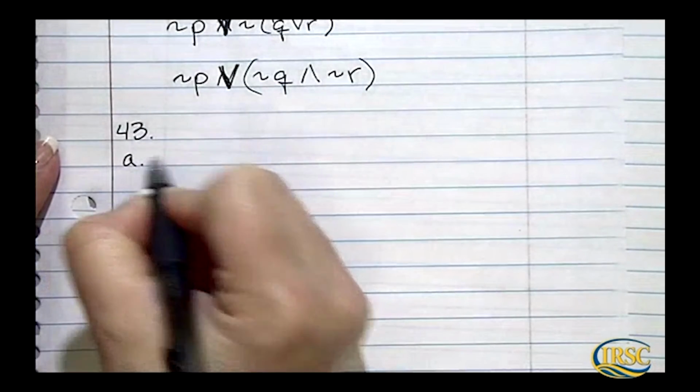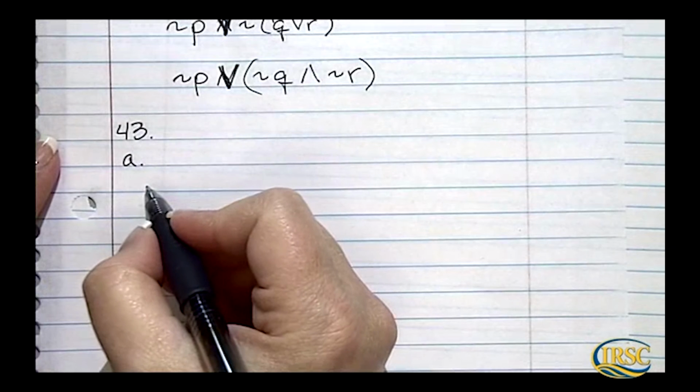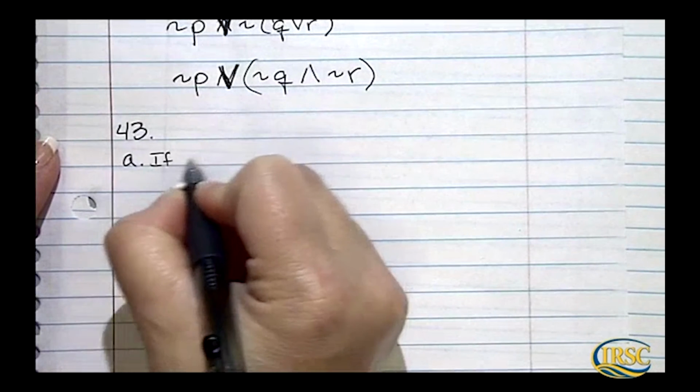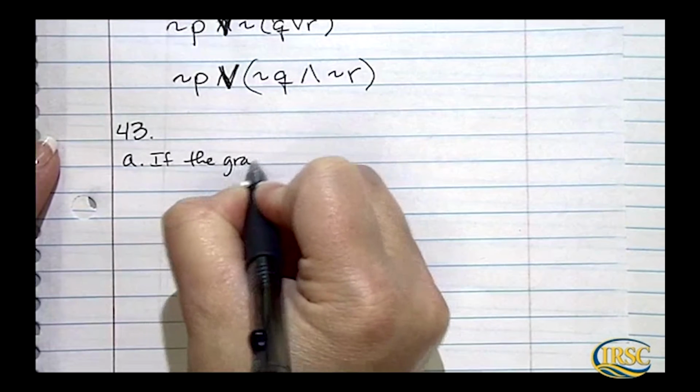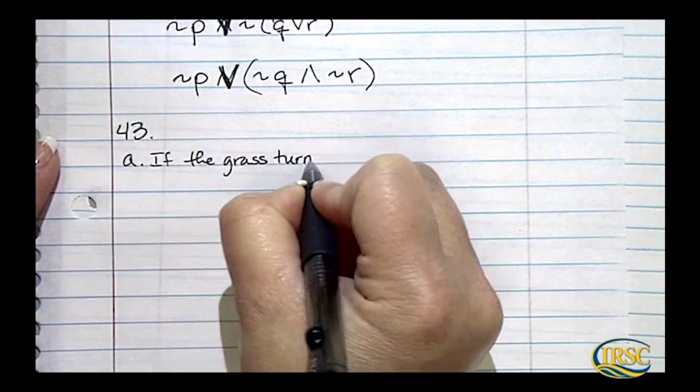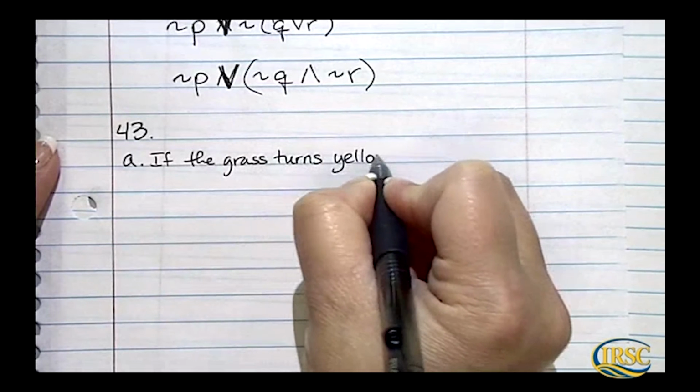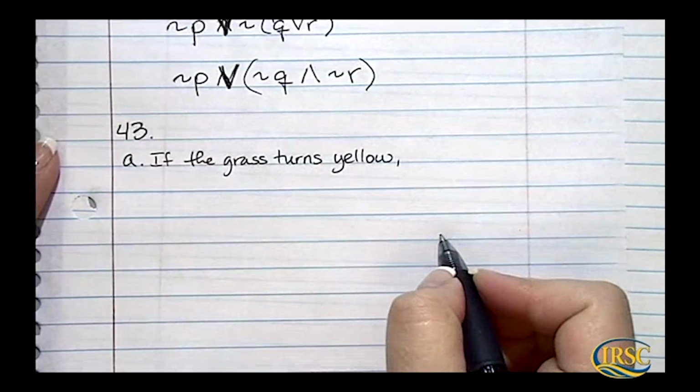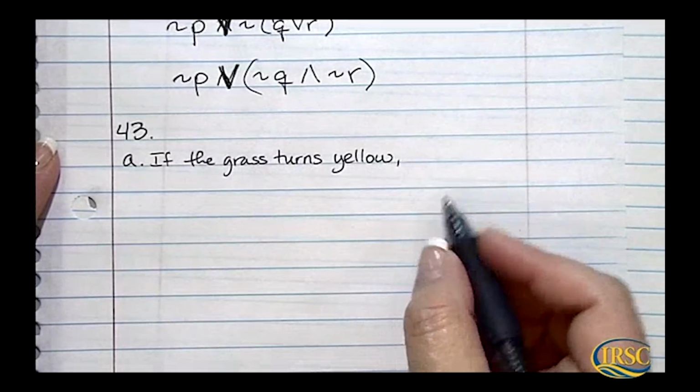So statement A, if the grass turns yellow, you did not use fertilizer or water.